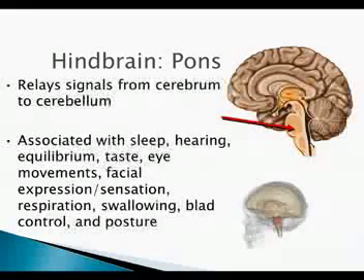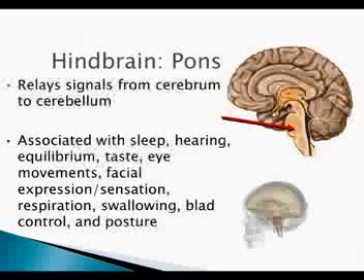And think about how much has to happen for you to walk, or to open a door, or to unscrew something. I think it's pretty impressive that we can coordinate our muscles. I mean, there are tons of muscles involved in doing all those things, and so this structure, the cerebellum, is really integral in maintaining that.